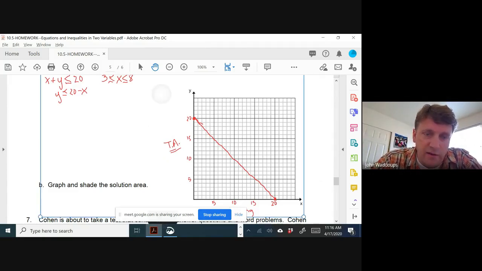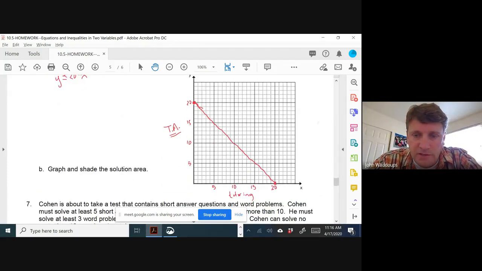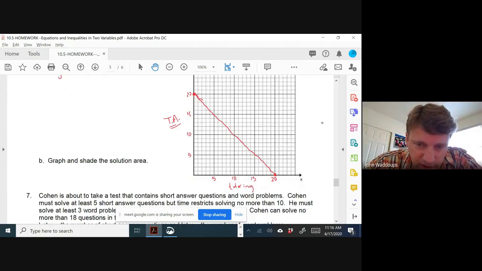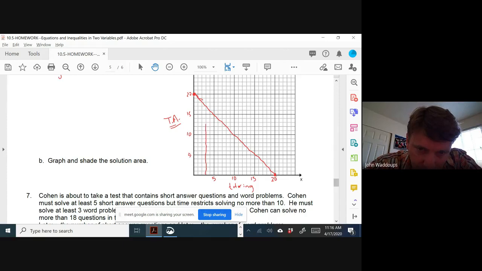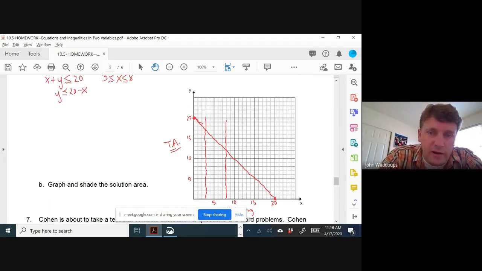But first I wanted to take care of the part that says x is between 3 and 8. And so 3 is this line right here, and 8 over here. And because x is between them, we would shade the area between them.